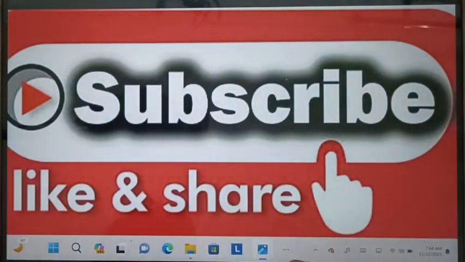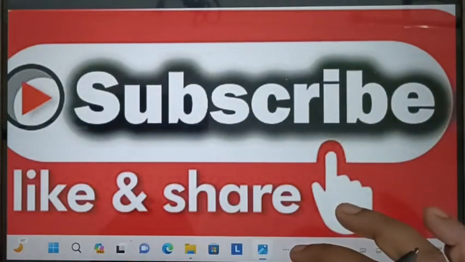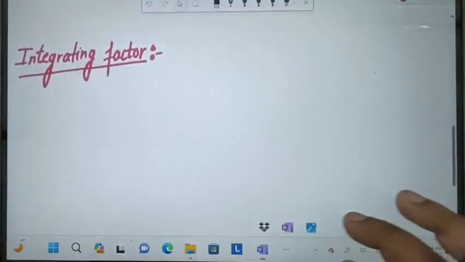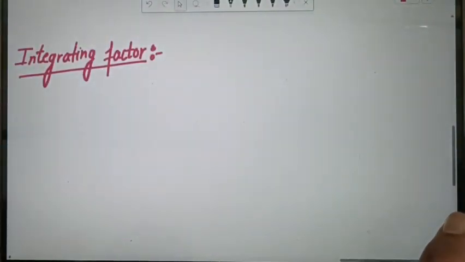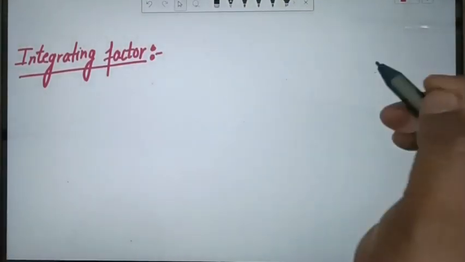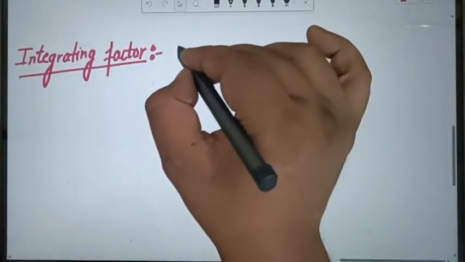So now I'm going to the further study about the exact differential equations. So now we talk about the integrating factor. What about the integrating factor? So I'm writing here the definition of the integrating factor.